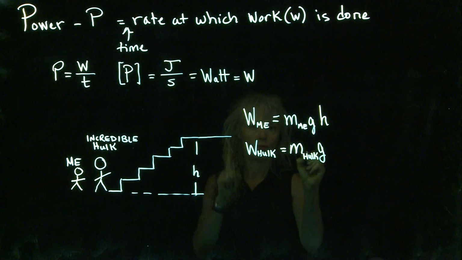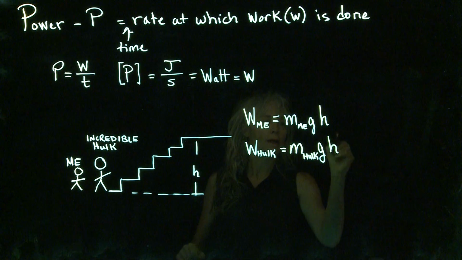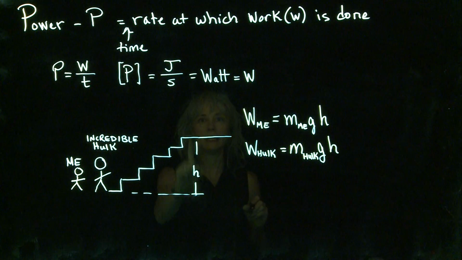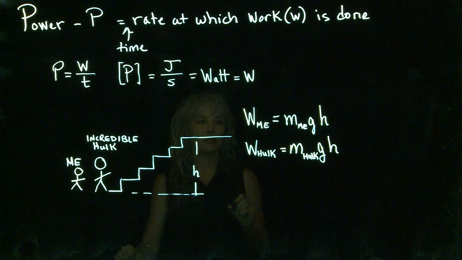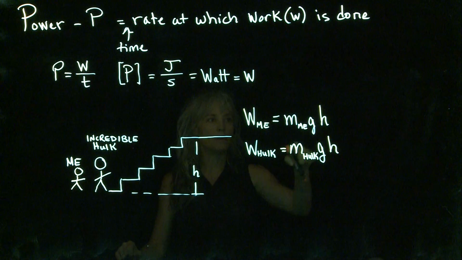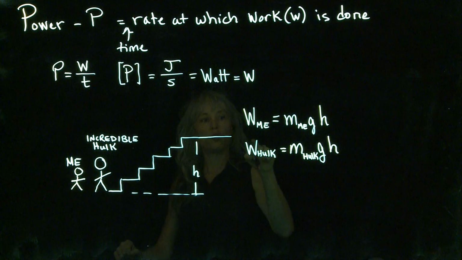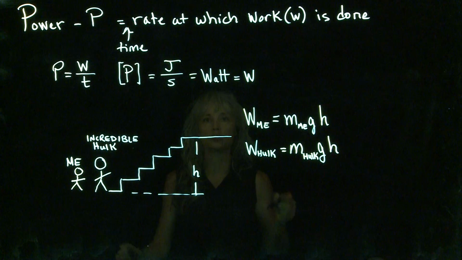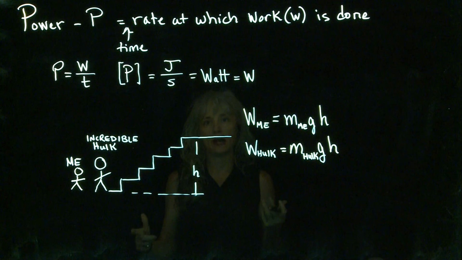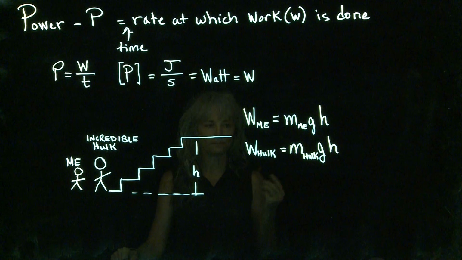He has to exert a force upward of that same magnitude, and then times the vertical displacement that he has to experience, and that is the height h. So notice that these quantities are not the same. My mass is much smaller than the Hulk's mass, and so the amount of work that the Hulk does is larger than the amount of work that I have to do in carrying ourselves up this height h.